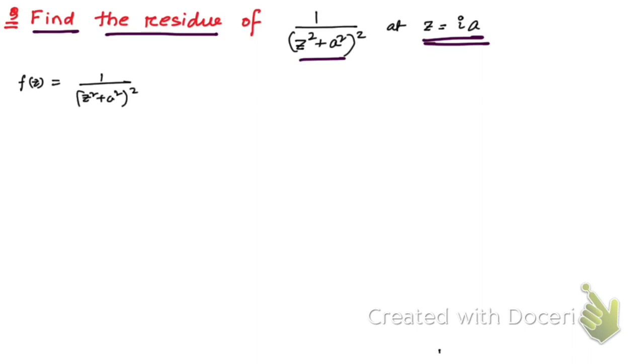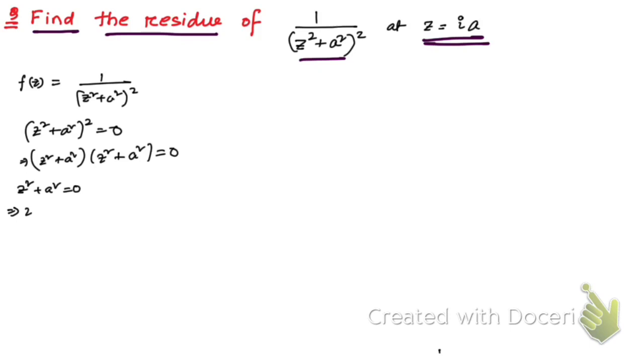If you equate the denominator with zero, then what are you going to have? z square plus a square is equal to 0. That implies z square is equal to minus a square, and z will be equal to, minus a square means i square a square, so that's why you're going to get z is equal to plus minus i a, right?